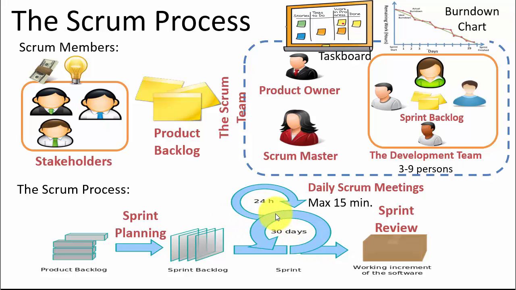And typically every day they also have a so-called daily Scrum meeting, which is a short meeting where the team members tell each other what they have done and what they should work with in the future. When the sprint or iteration is finished, they have a so-called sprint review where they show the working software to the customer or the stakeholder.